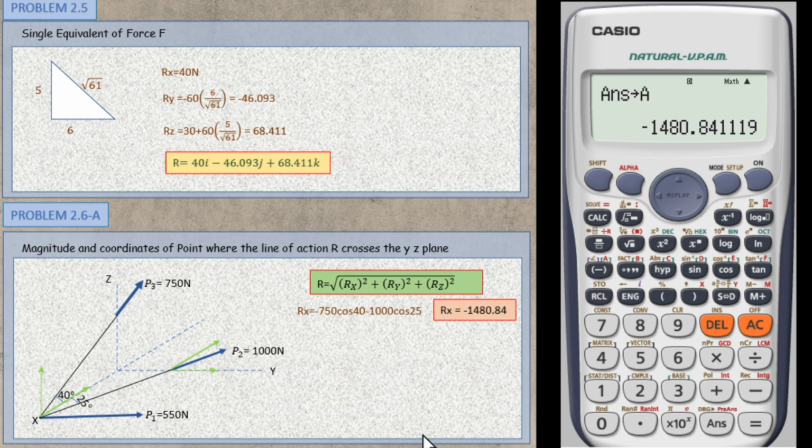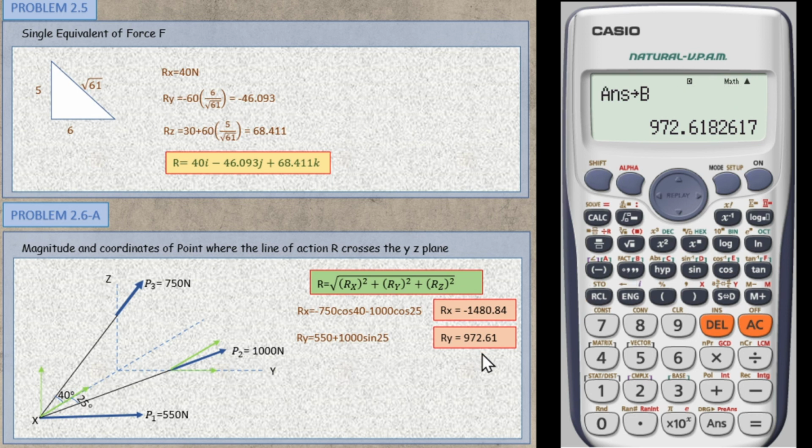And then for Ry, we have 550 and 1000 sine 25. So 550 plus 1000 sine 25. I'm just going to store this at B. So that gives 972.61.